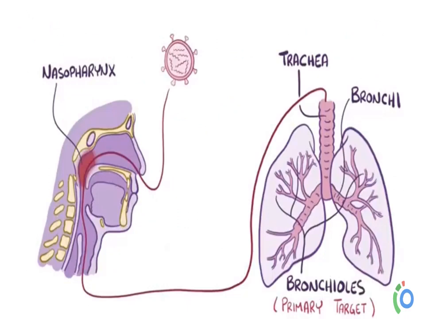So the respiratory syncytial virus may stay in the nasopharynx for some time until it passes through the trachea and arrives at the bronchioles to affect the lining cells of the bronchioles.